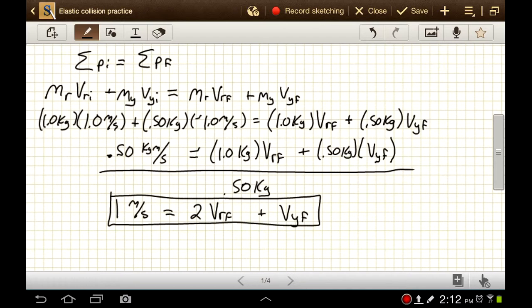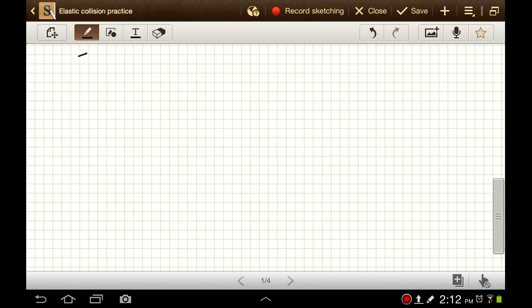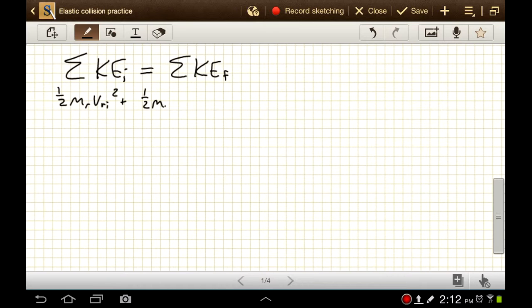We'll come back to that one once we've written the other equation using conservation of kinetic energy. So for the second equation, we say the total kinetic energy initial equals the total kinetic energy final, or 1/2 m red velocity red initial squared plus 1/2 m yellow velocity yellow initial squared is equal to 1/2 m red velocity red final squared plus 1/2 m yellow velocity yellow final squared.